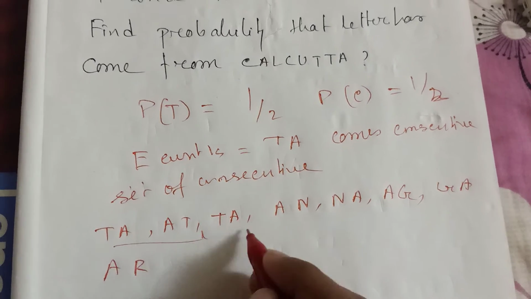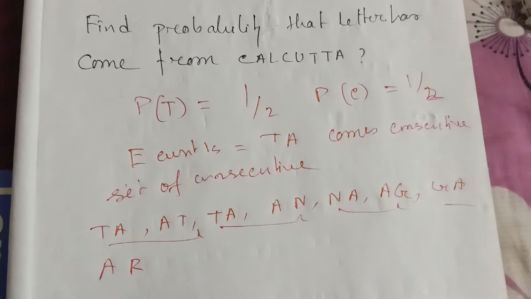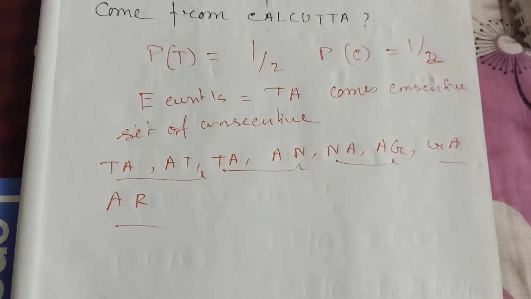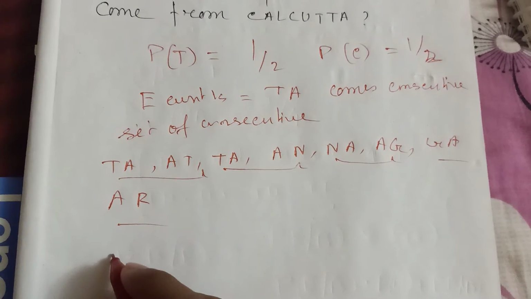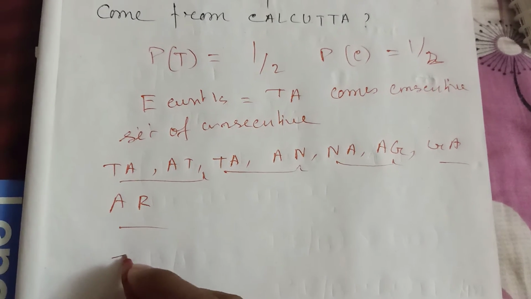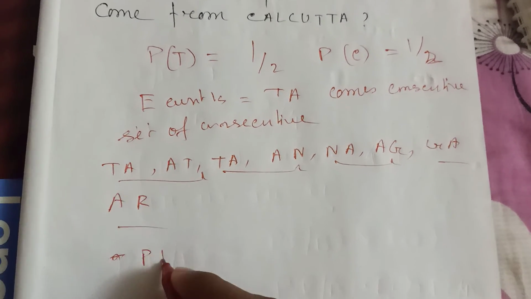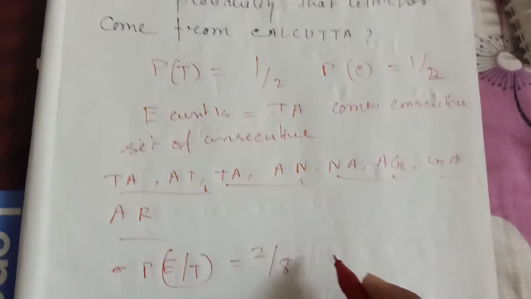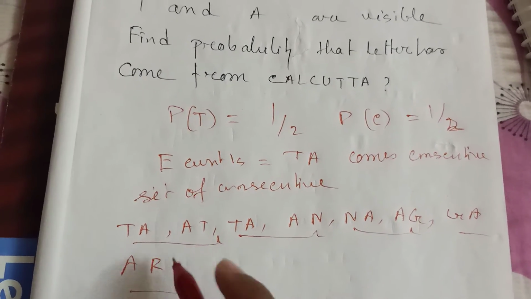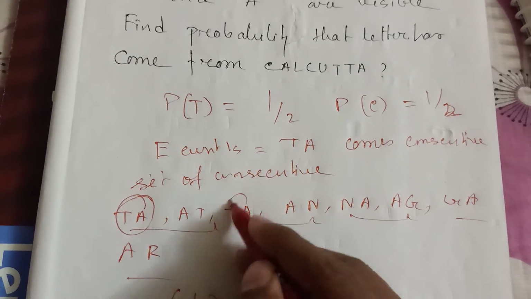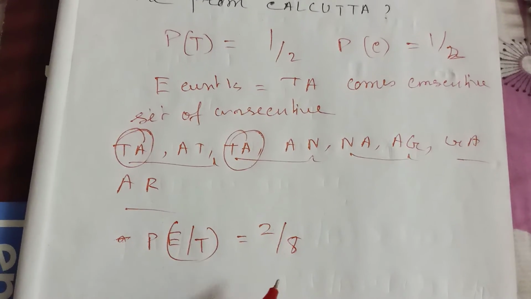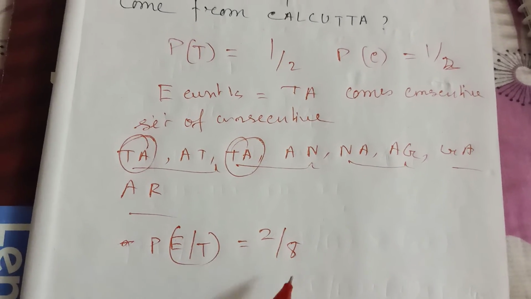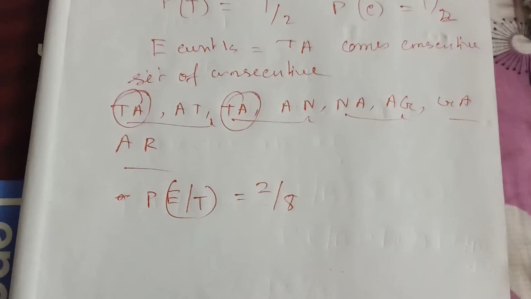The probability of E given T is 2 by 8, because T and A occur consecutively 2 times. So the probability of E given T is 2 by 8.